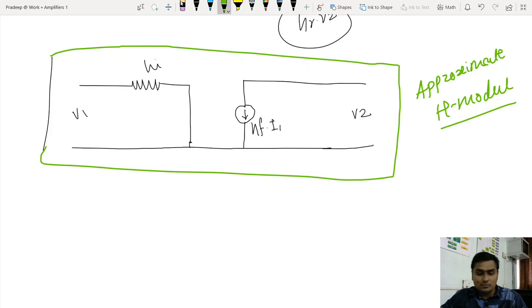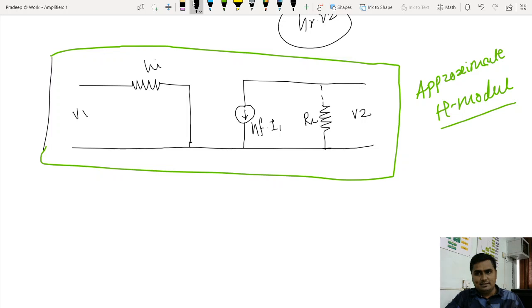So henceforth, whenever we start with amplifier design, we will always use that approximate H module, is it? If you want to, you can connect a small resistance, is it? Resistance is small, so this is RL. So इसको क्या बोलते हैं? Approximate H module, is it?